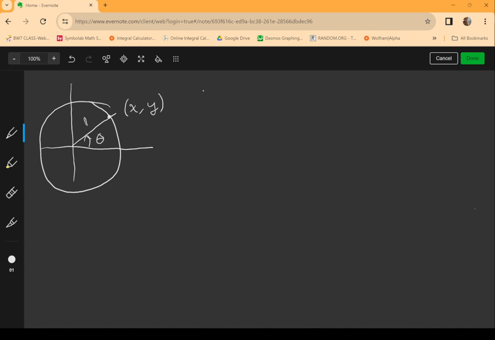And we defined the cosine of theta, in terms of our right triangle, as simply x, and the sine of theta, if we think of it as opposite over hypotenuse, was simply y.